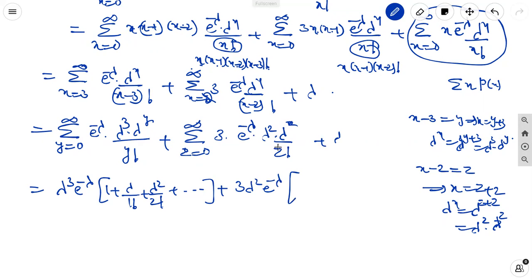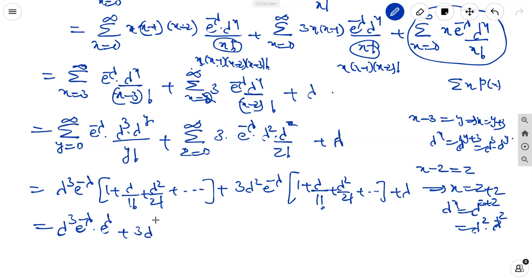Again, the expansion: 0 means 1, 1 power is 1, 1 factorial, plus lambda square by 2 factorial, plus so on, plus the last term is lambda. This is equal to lambda cube e power minus lambda into e power lambda, plus 3 lambda square e power minus lambda into e power lambda, plus lambda.